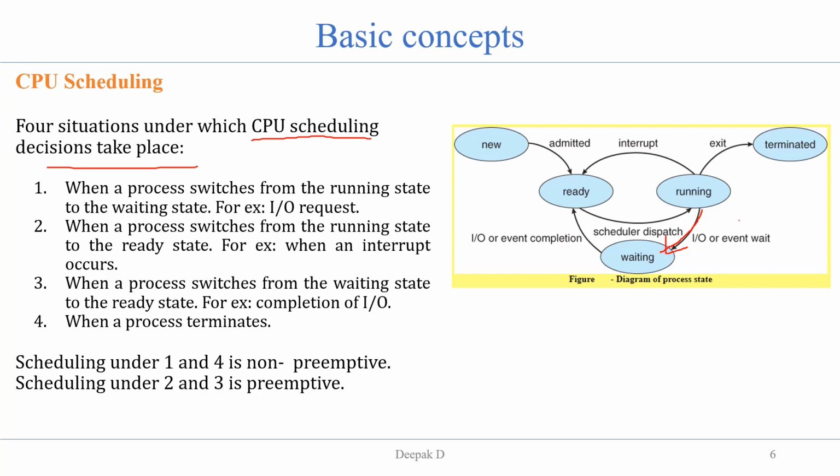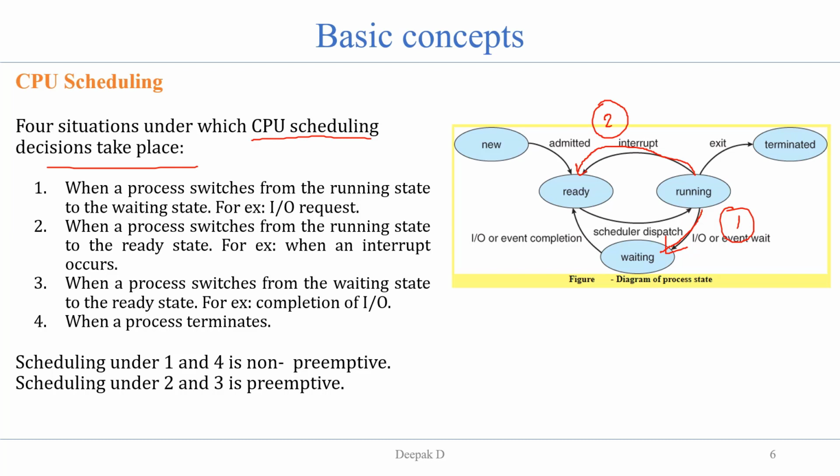This is your first situation where your CPU scheduling decision can be taken. The second one is when a process switches from running state to the ready state. This might be because some interrupt might have occurred. This is your second situation.